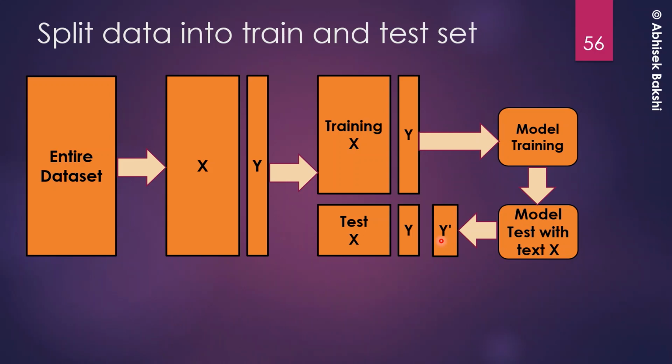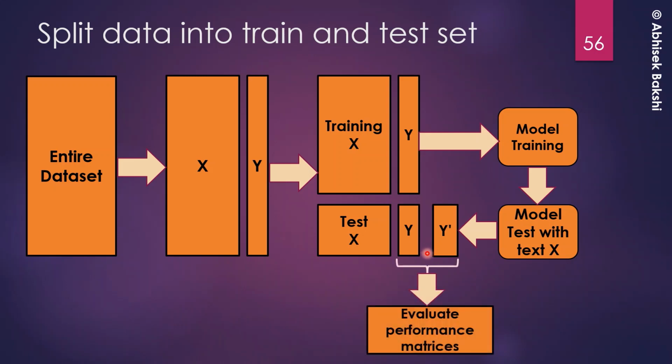So just by comparing the values present in Y and Y dash for different rows, you can easily check how close the model is, right? Because Y is the actual Y of this test data, and Y dash is the predicted Y by the model for this test data.